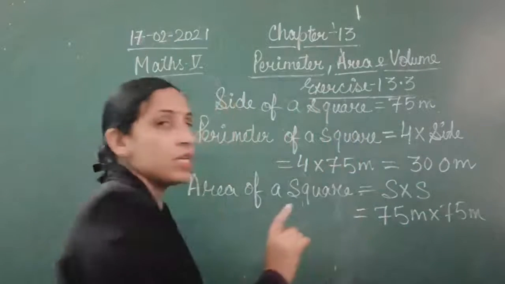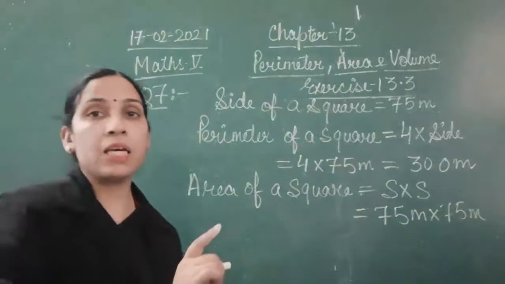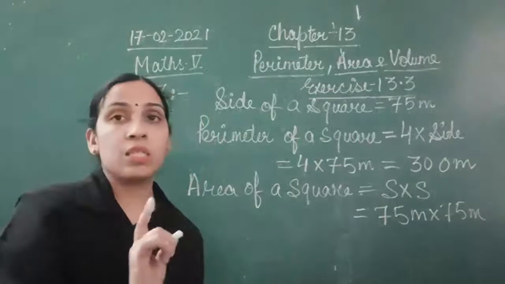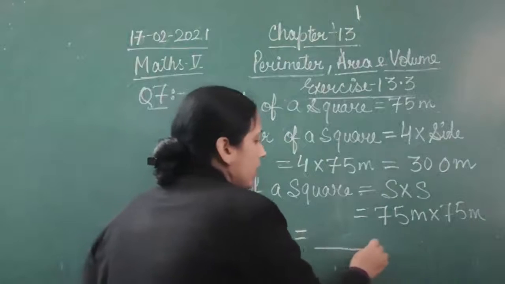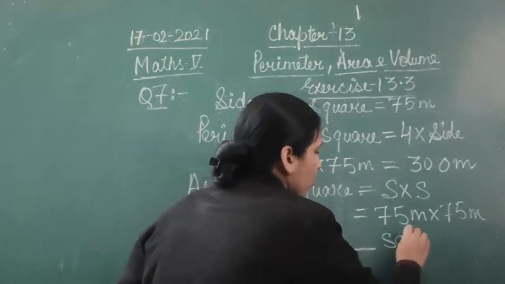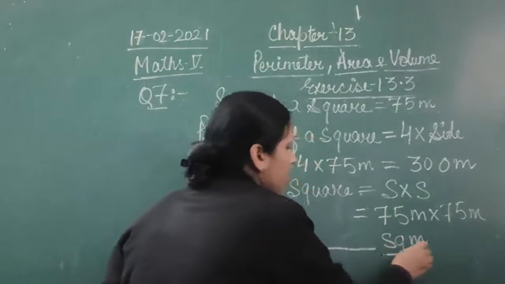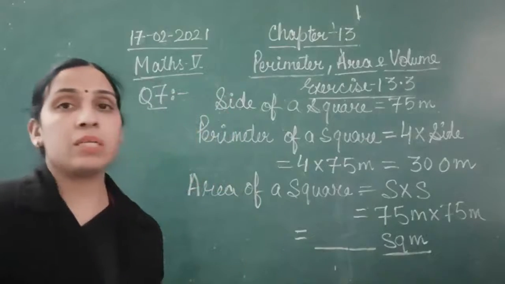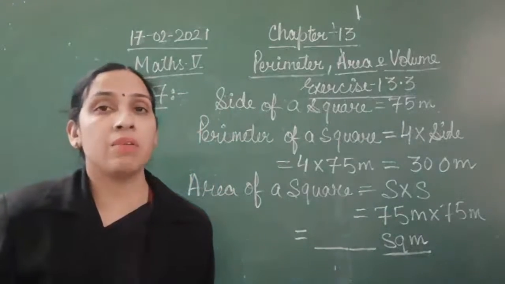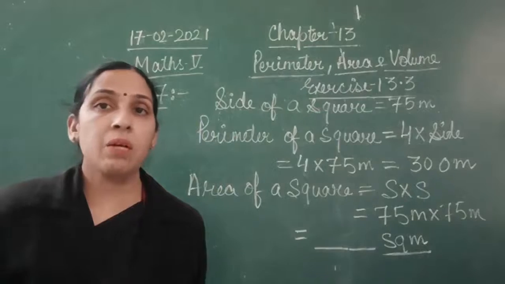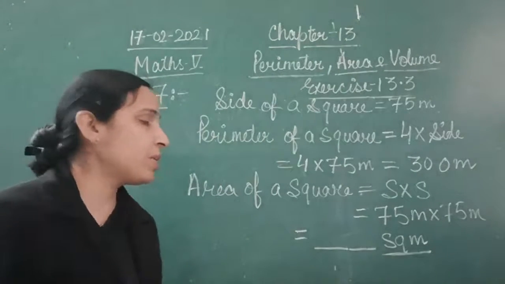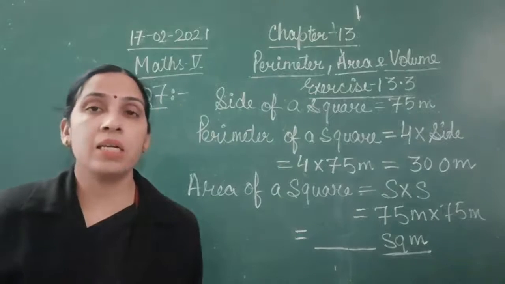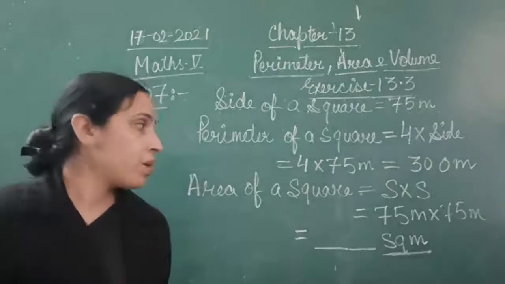Do this multiplication and then we will get the area of the square. Then the unit you will write is square meter. 75 meter will be multiplied by 75 meter and the unit will be square meter. That is the area of a square.